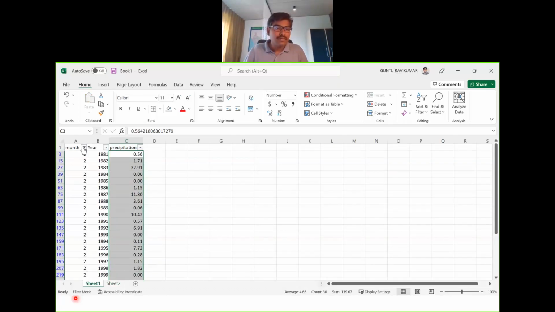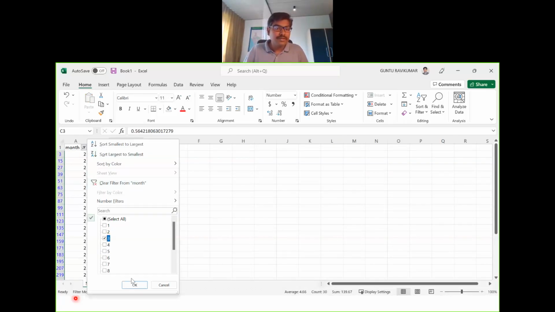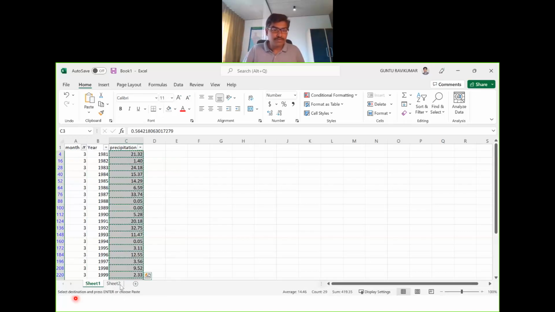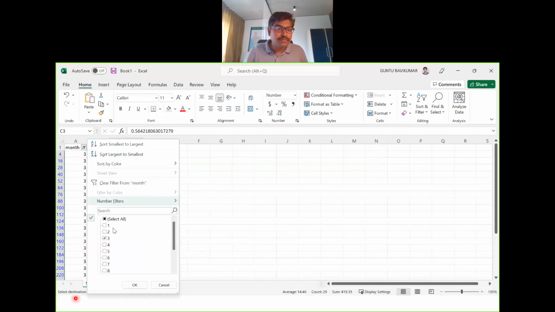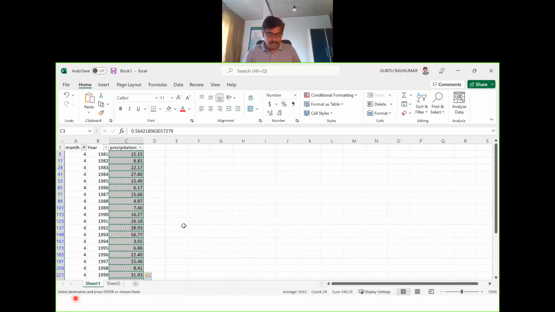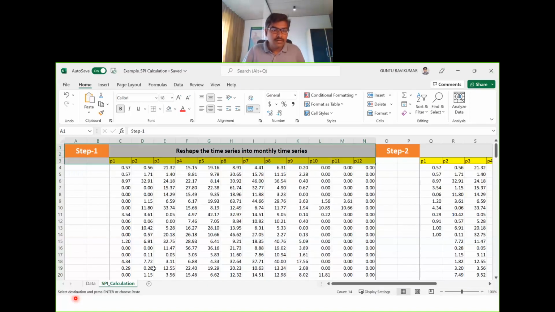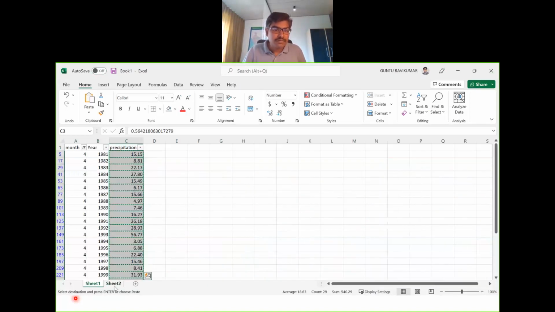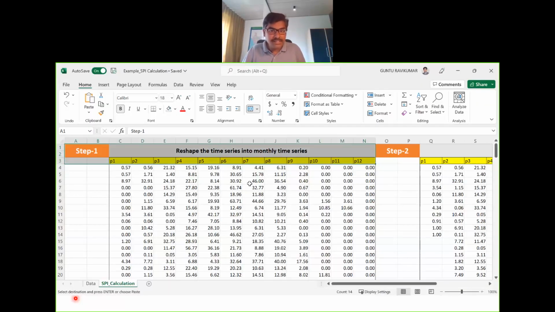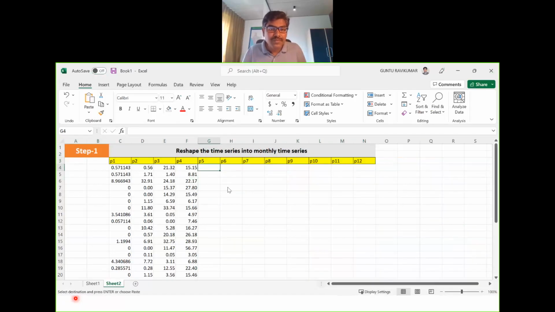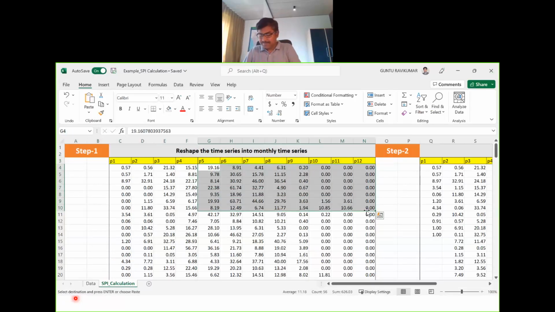So 3, control C, go to sheet 2, paste it here. 4, control C, P4, and so on. I'm just copying from the other Excel sheet, which has the same values. So P5 to P12.